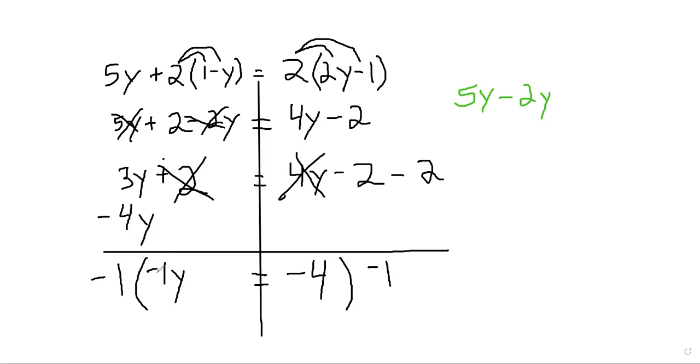And of course, a negative times a negative is a positive, so negative 1 times negative 1 is positive 1. Or we can just drop the 1 and just leaves us with a positive y. And then negative 4 times negative 1, well, 4 times 1 is 4, and a negative times a negative is a positive. So we can just write down 4. And that right there is our final answer.